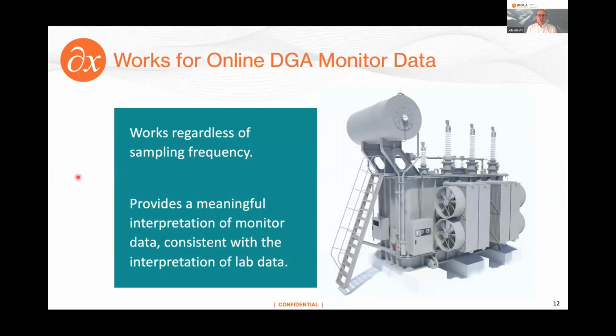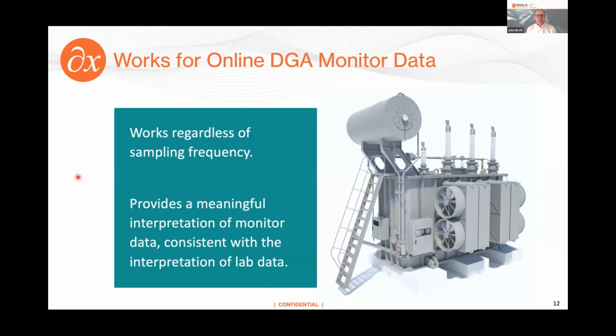The interesting thing about this technique is it works regardless of sampling frequency. You still have to pay attention and do a bit of signal processing to monitor data, but it works very well. It doesn't raise alarms inadvertently for you, okay?